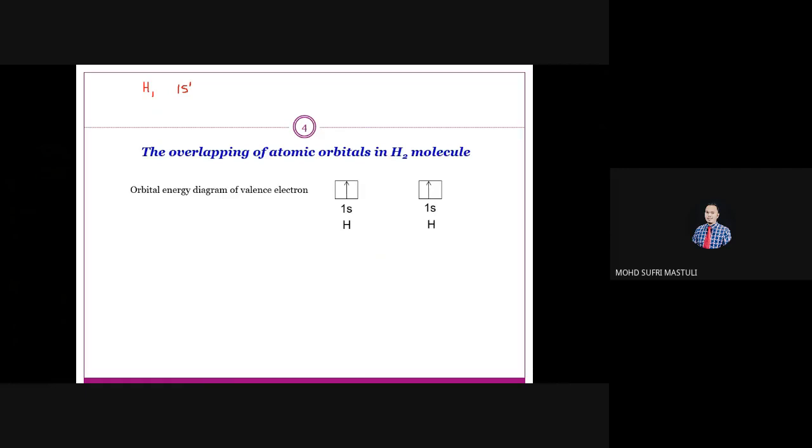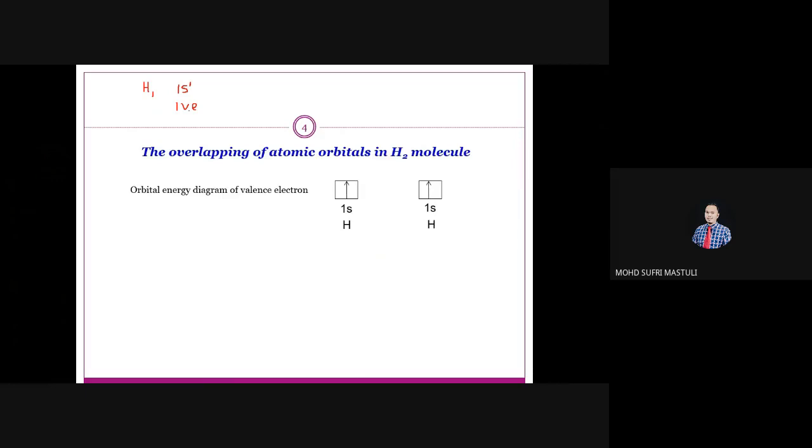This is the valence electron. We write the electronic configuration, and we find out there is 1 valence electron.